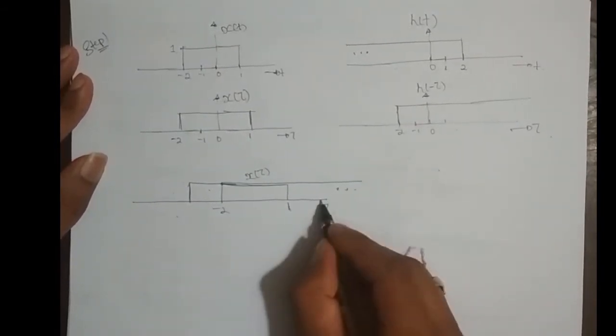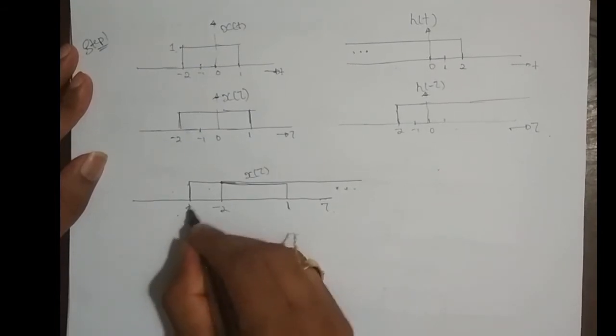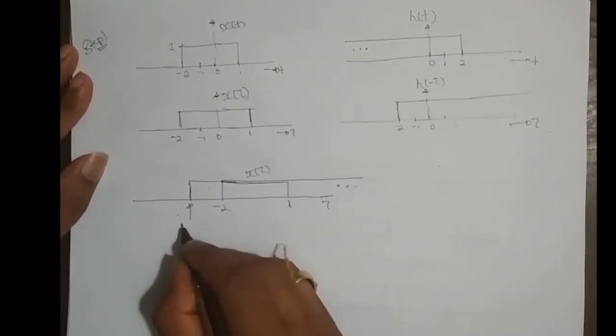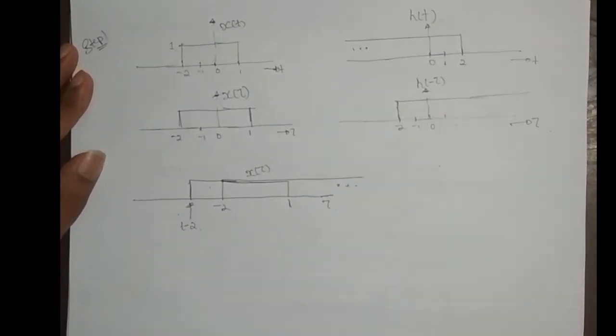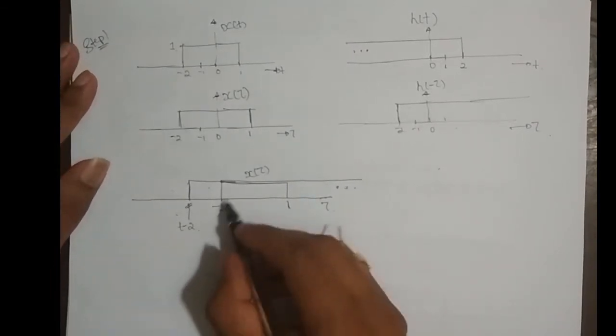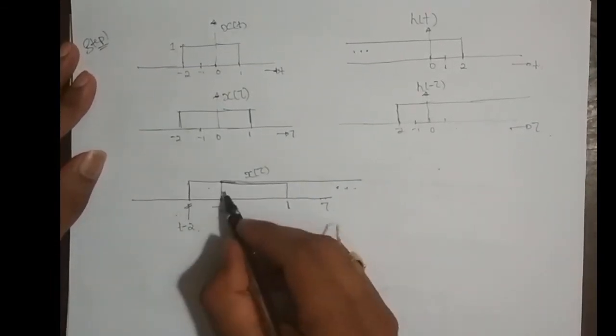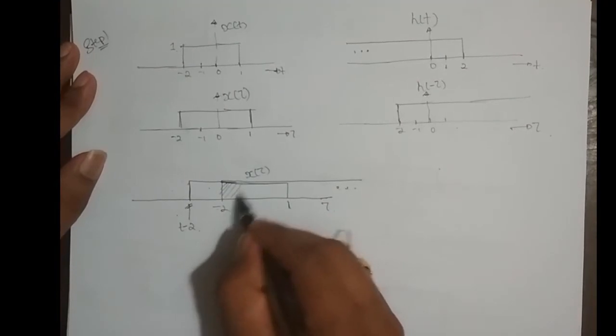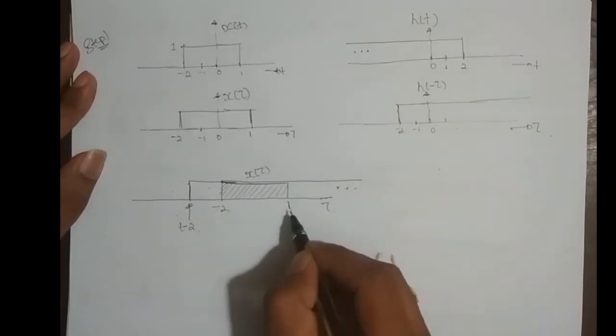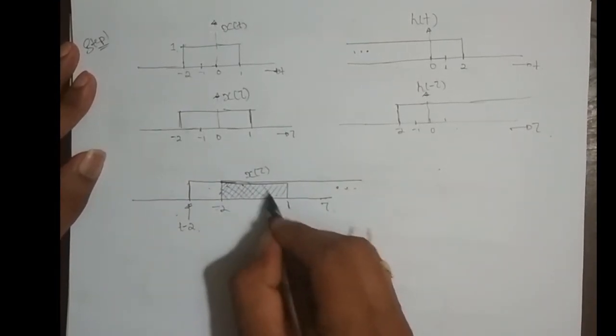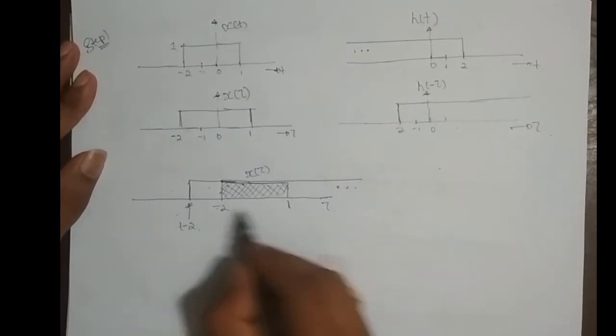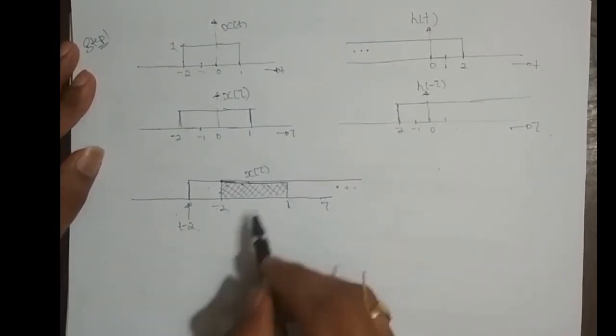Okay. So what is this? Since this is at minus 2, this is nothing but t minus 2, right? Okay. So where does the overlap start? Overlap starts from minus 2, and where does the overlap end? Overlap ends at 1, because the two signals meet at tau from minus 2 to 1. For the other range, we have only one signal.